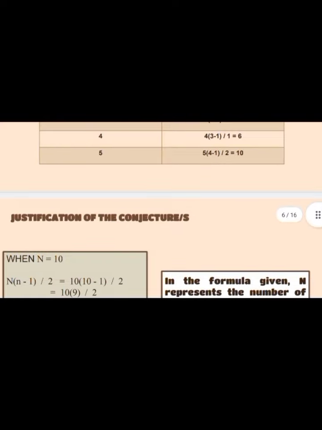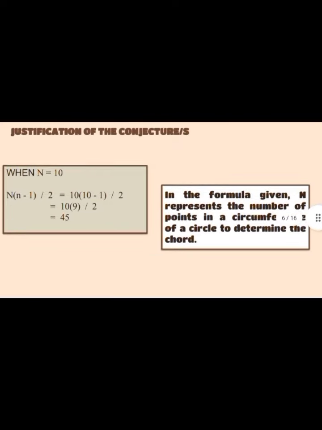So here's the justification of the conjecture. In the formula given, n represents the number of points in the circumference of a circle to determine the chords. When n is equal to 10, we're going to substitute n in our formula.